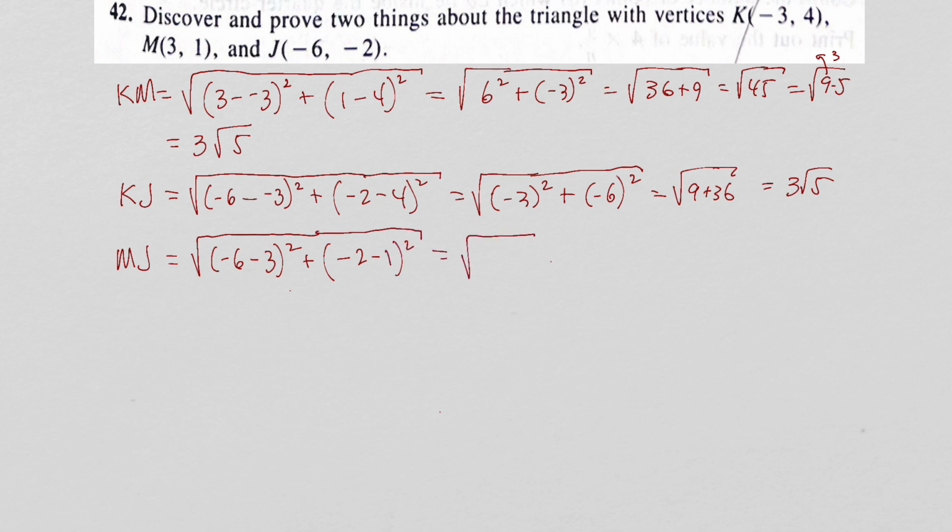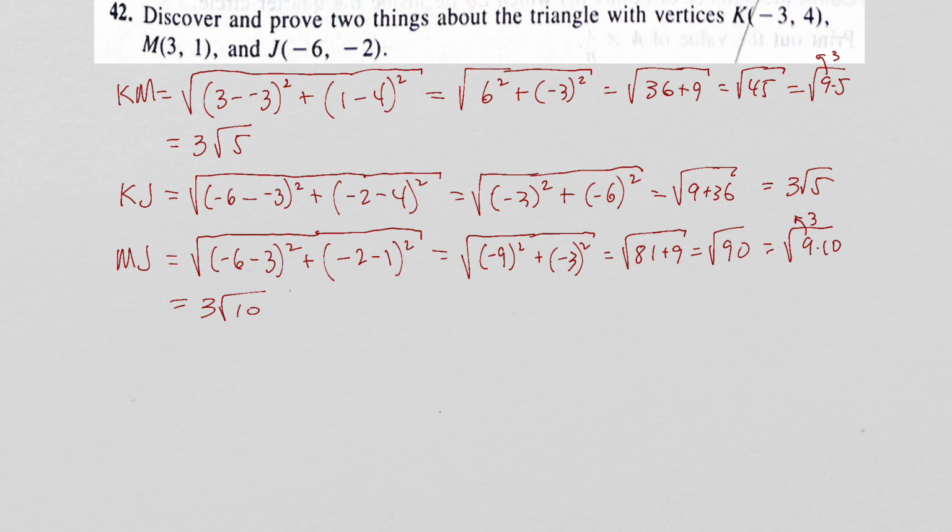This is the square root of negative 9 squared plus negative 3 squared, which is 81 plus 9, or the square root of 90. This is the square root of 9 times 10. And we take out the 9 by square rooting it, we get a 3. So this turns into 3 root 10.